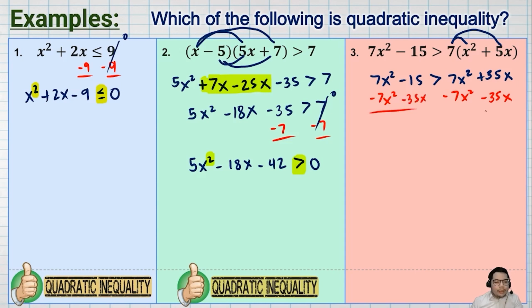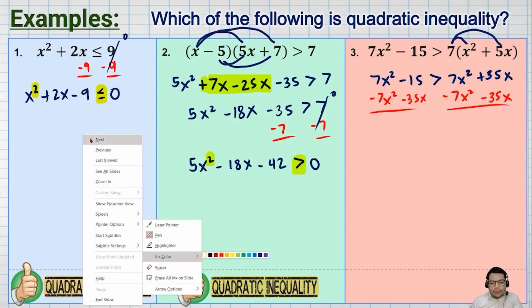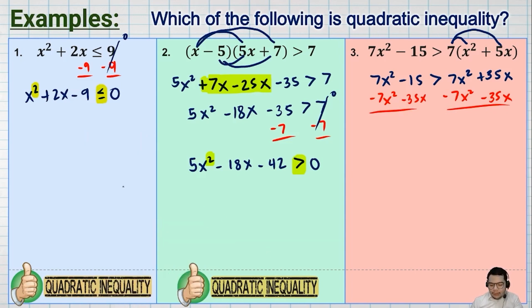Then let's add them. If we simplify, this one will be equal to 0. 35x plus negative 35x, both of them will be equal to 0. Then 7x squared plus negative 7x squared will also be equal to 0.